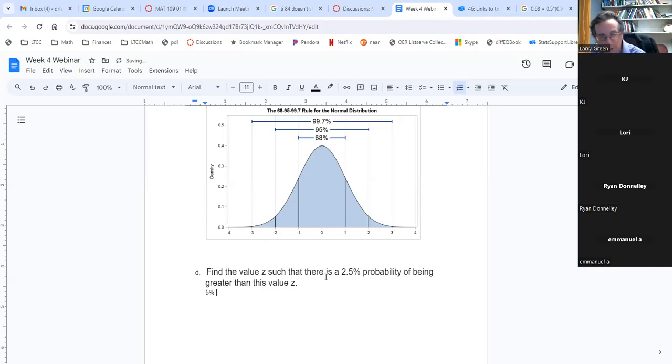Yeah, 5% will be on the far left and far right in combination.